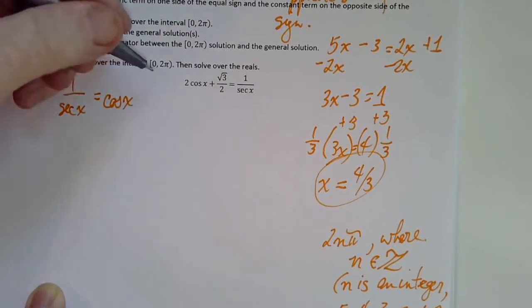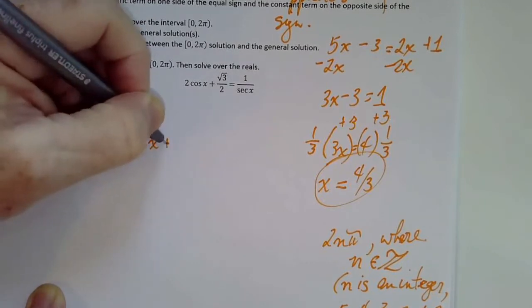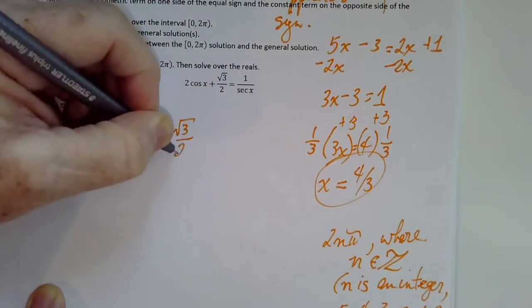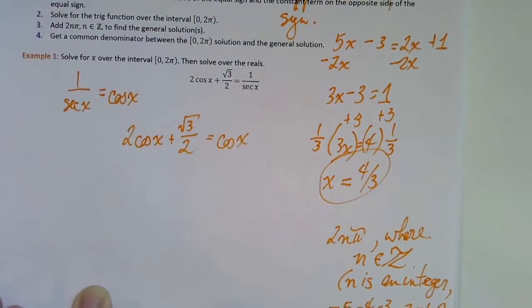So I can rewrite this equation as 2 cosine x plus the square root of 3 over 2 equals cosine x. Now that all of the trig functions are the same function, I want to get the trig functions on one side of the equal sign, and everything else on the opposite side.